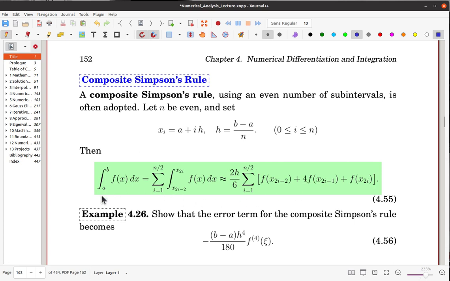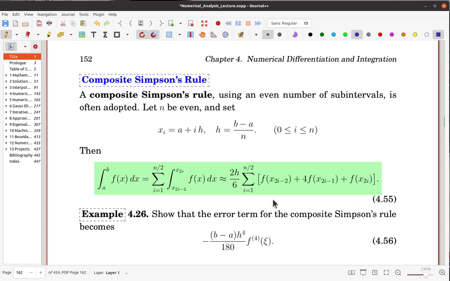The integral of f from a to b can be written as a summation of n over 2 terms, each one the integral of f over two subintervals. So far, we don't have any approximation. Now, this integral can be approximated by the elementary Simpson's rule.